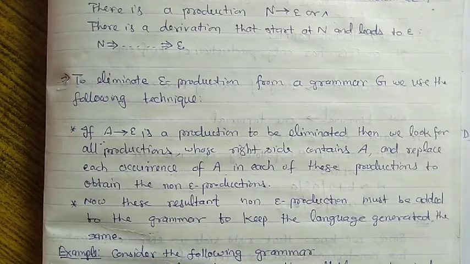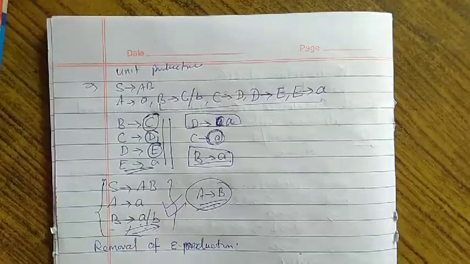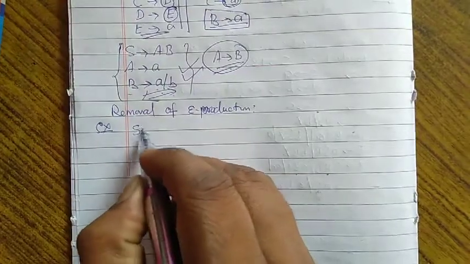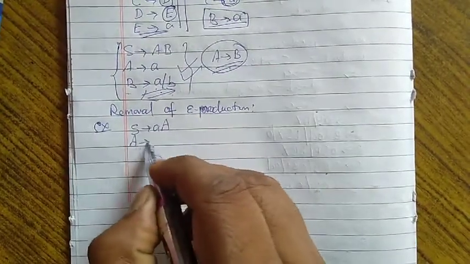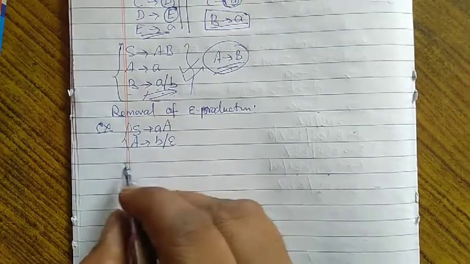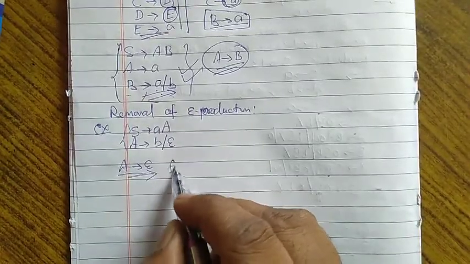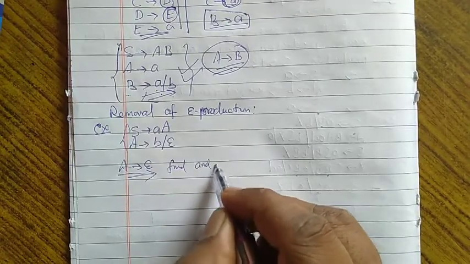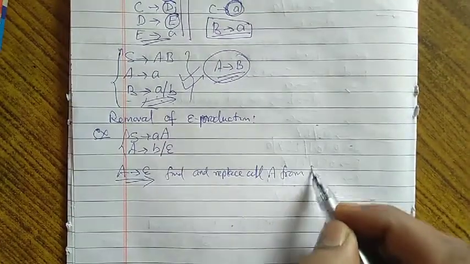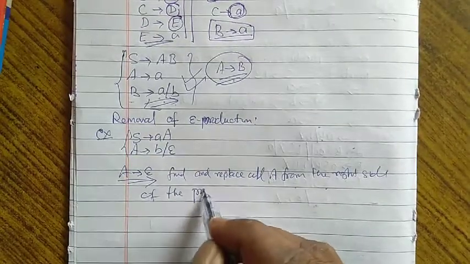We can easily understand this by taking an example. For removal of null production, consider S gives A, small a, and A gives B or null. In this production we can see that A gives null. So we find and replace all A from the right side of the production.